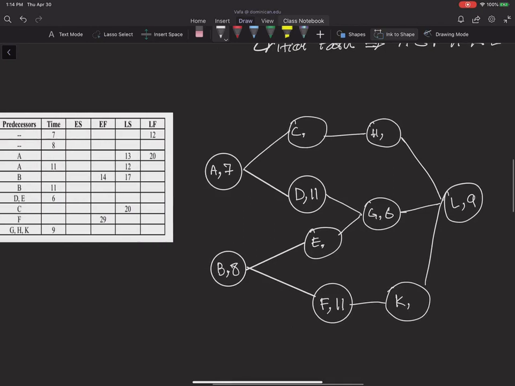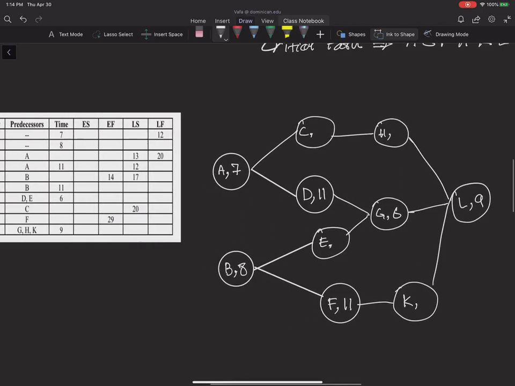There are some other pieces of information in this table that we should add before continuing. You see that we don't have any of the early starts, but we have some early finishes.